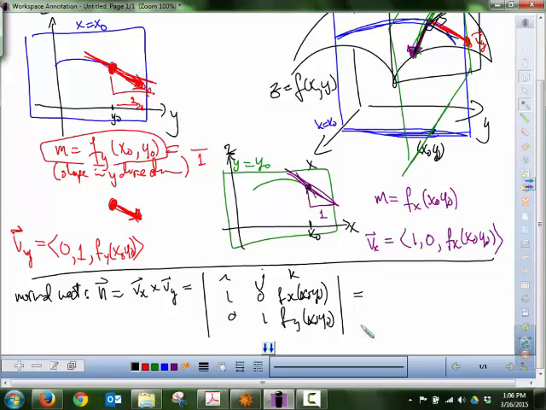When we cross them, the first component is 0 minus Fx, the second component is negative Fy minus 0, and the third component is 1.